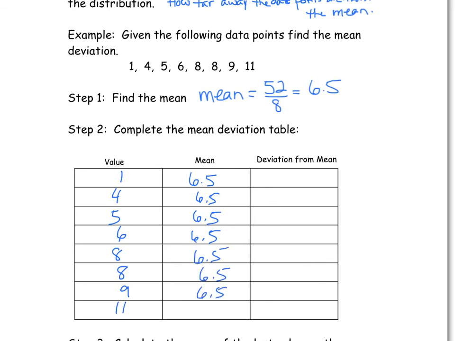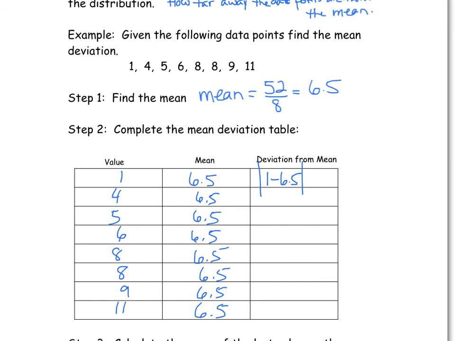We're basically trying to find how far away each point is from the mean. So we're going to subtract the data point from the mean. So we're finding the deviation from the mean. So we're going to be doing 1 minus 6.5. But we have to do the absolute value of that.